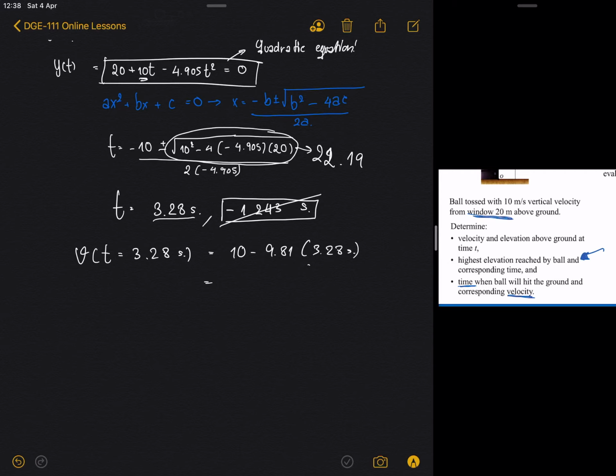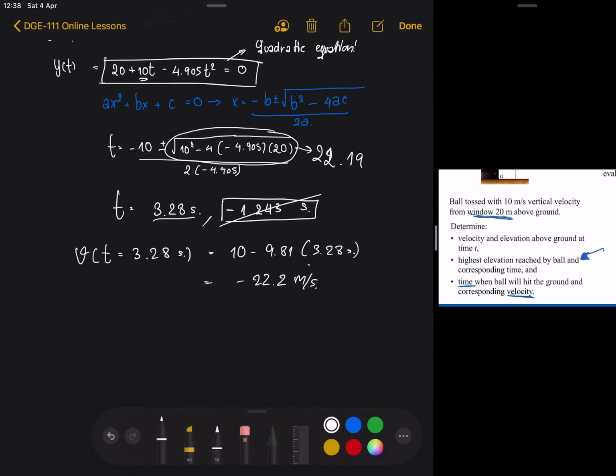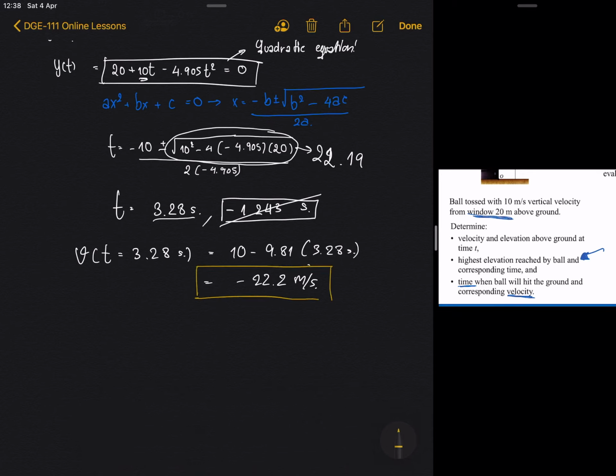Then in the end you will get minus 22.2 meters per second. Okay, so in the end, here are your answers. Here's the time that your ball will hit the ground, and here's the velocity when the ball hits the ground. Okay.